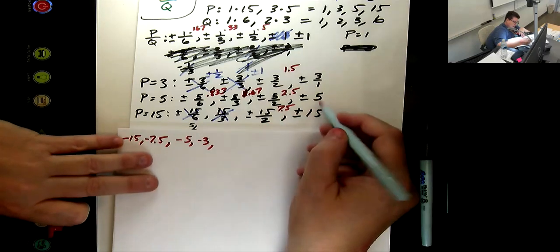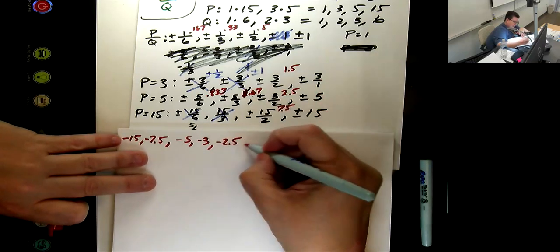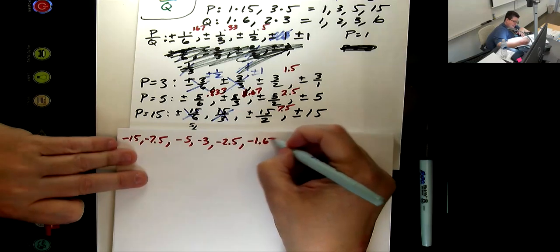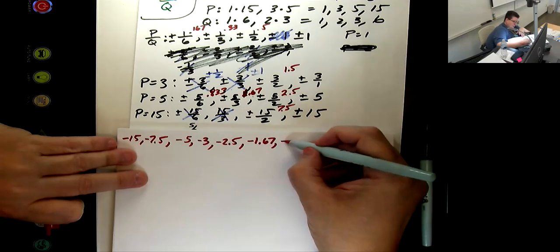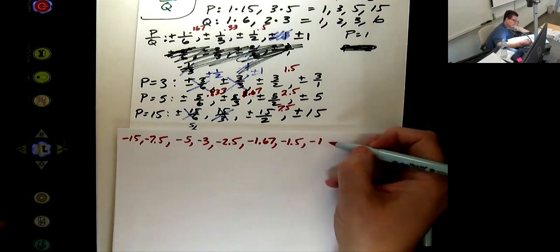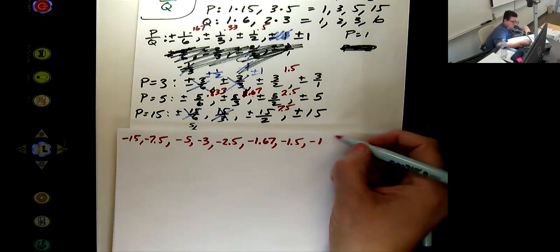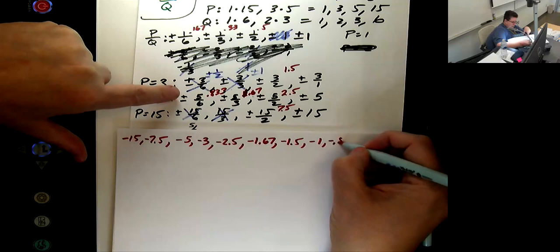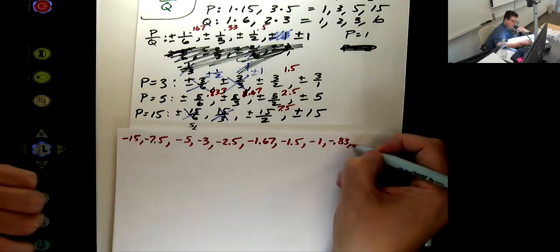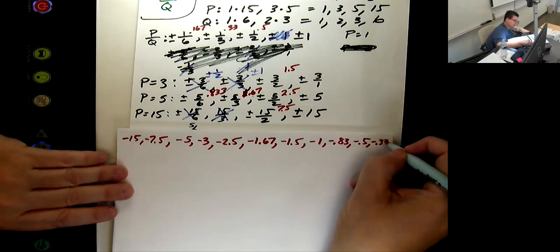I gotta get that one. -2.5, -1.67, -1.5, -1, -0.83, -0.5, -0.33.